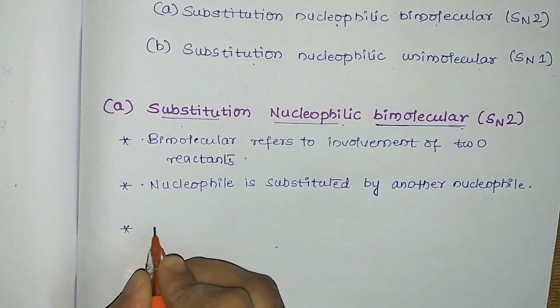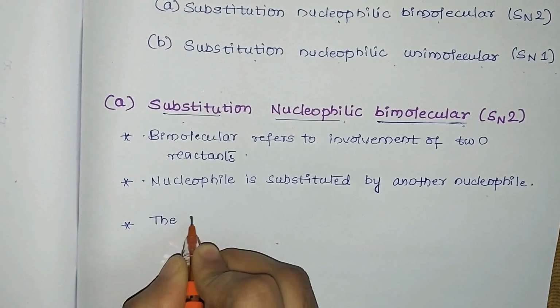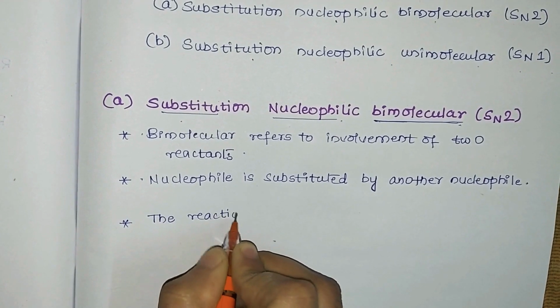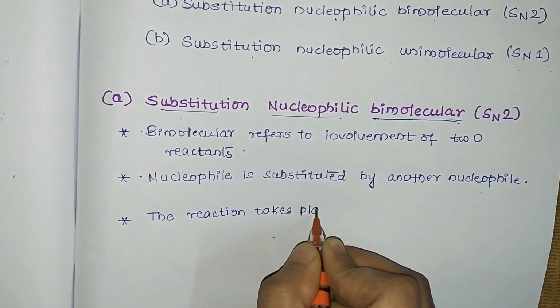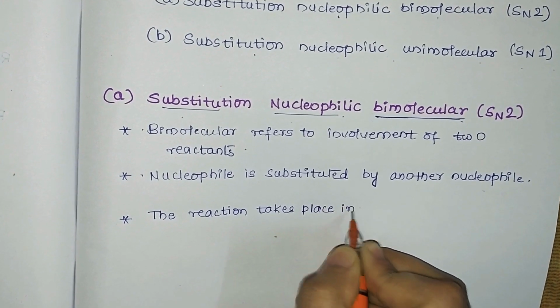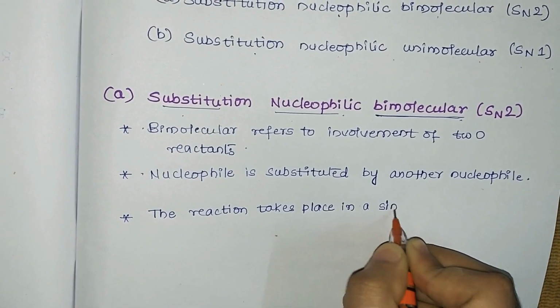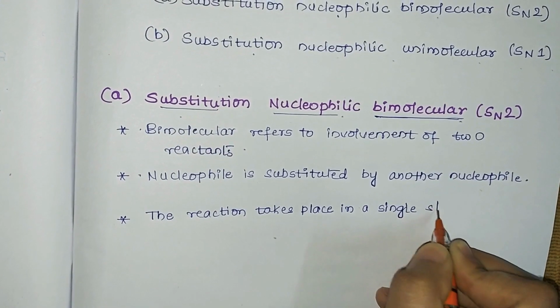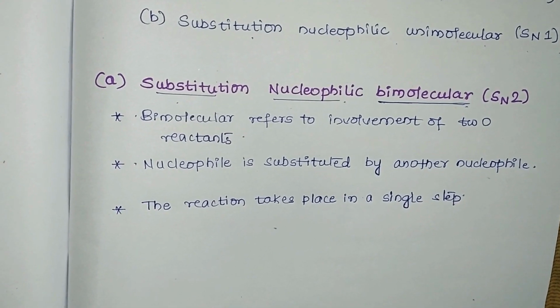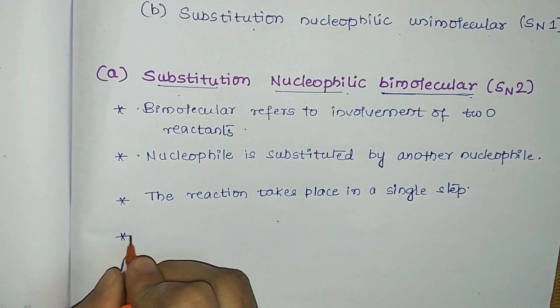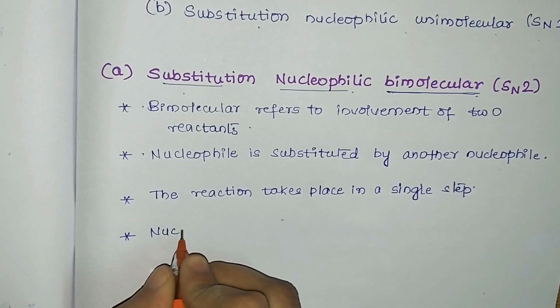Then the next is, here we are studying the reaction in two different ways, and in this case the SN2 mechanism always takes place in a single step. So we say that the reaction is carried out in a single step. Although the name is SN2, don't get confused. You must remember that it is carried out in a single step.